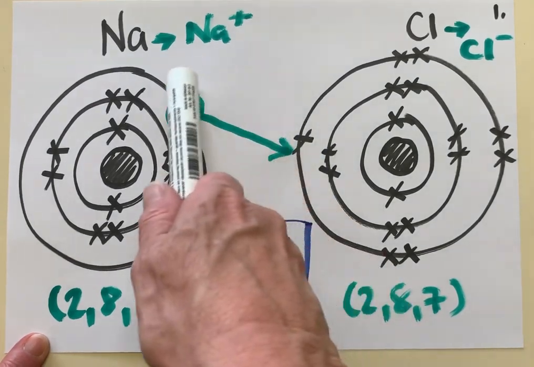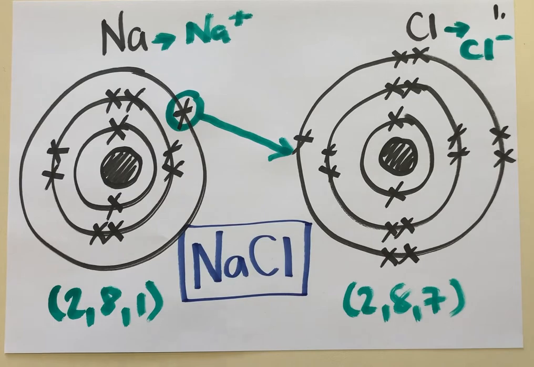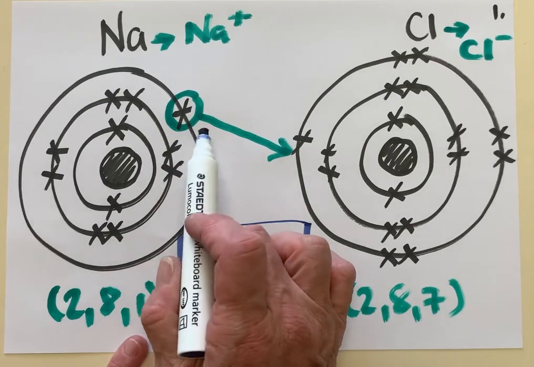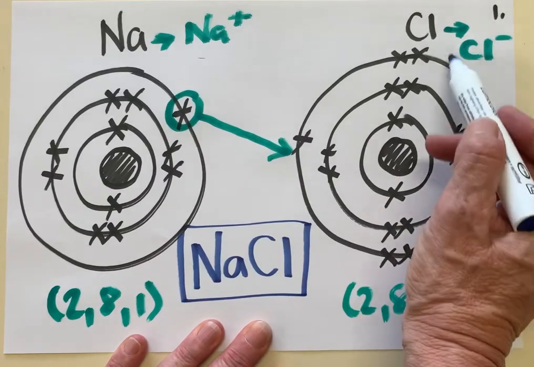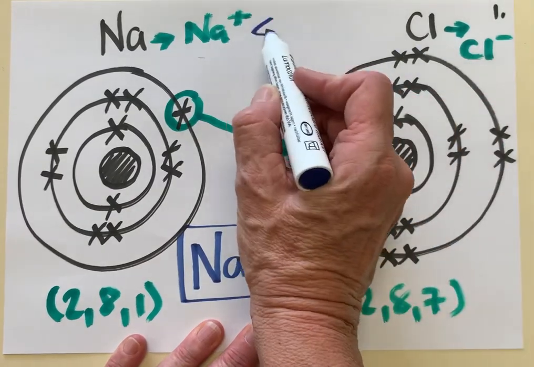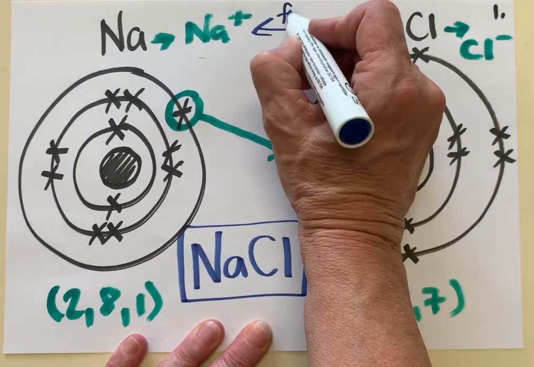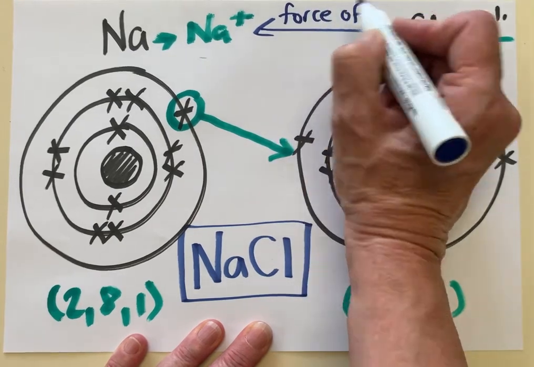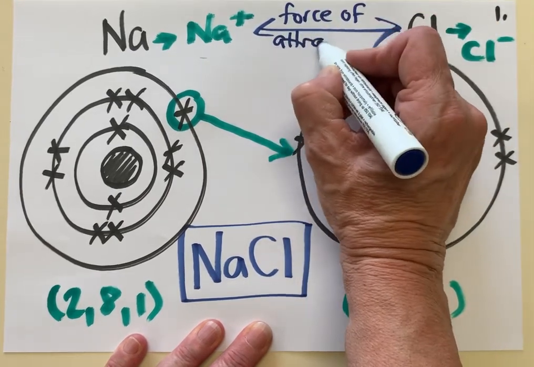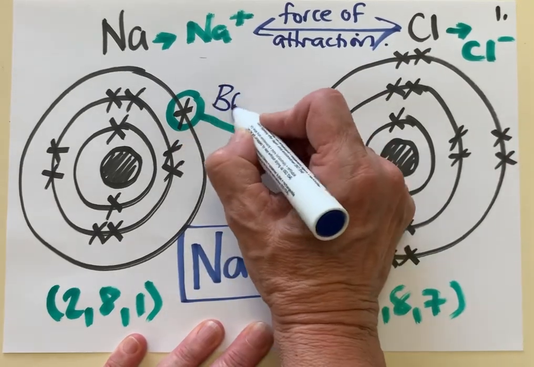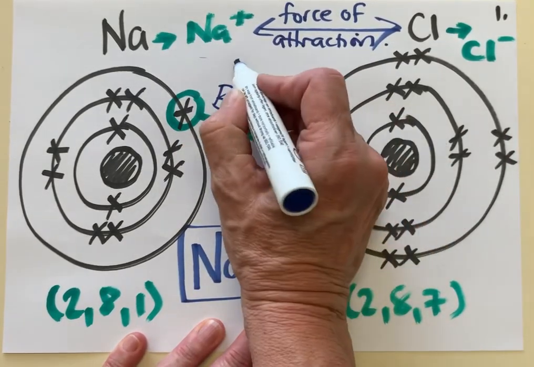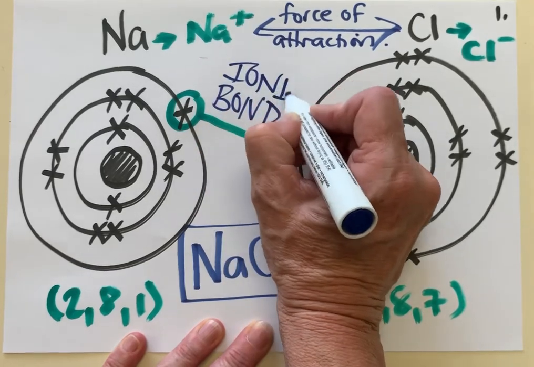What's really important, and the reason I'm explaining this, is that when we have a positive ion and a negative ion here, we get a force of attraction. Somebody did mention that it was an electrostatic force of attraction. That force of attraction is so strong that we call it a bond, and in fact, it's an ionic bond.